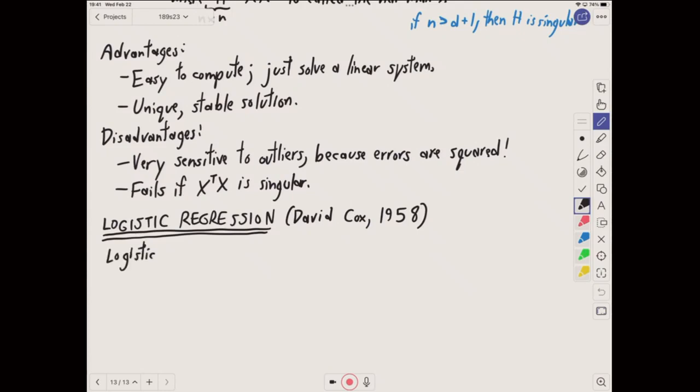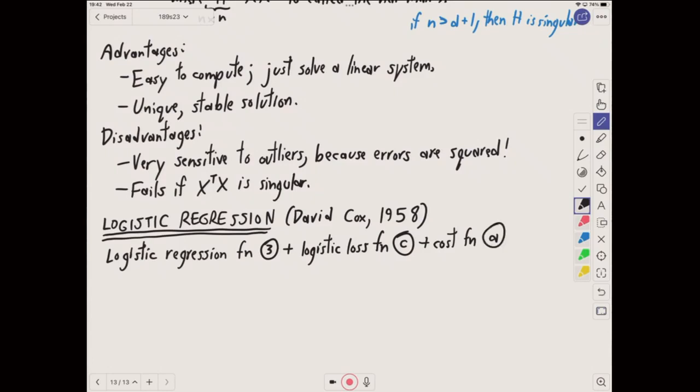It's a very specialized sort of regression method because it's specialized to probabilities. It's used to interpolate probabilities. This is what you get when you mix together a logistic regression function with a logistic loss function. And then the cost function is the mean of all the logistic losses over all of the training points.